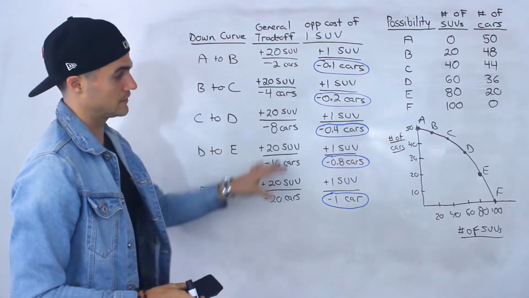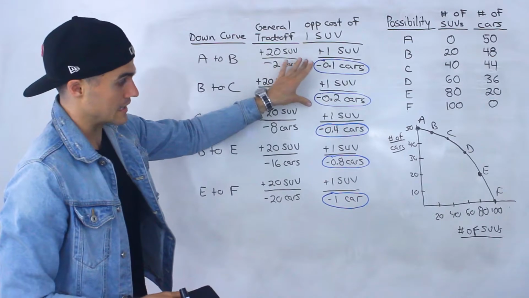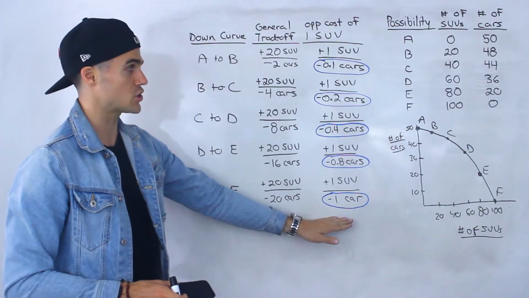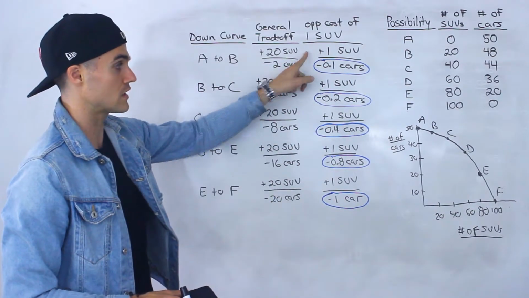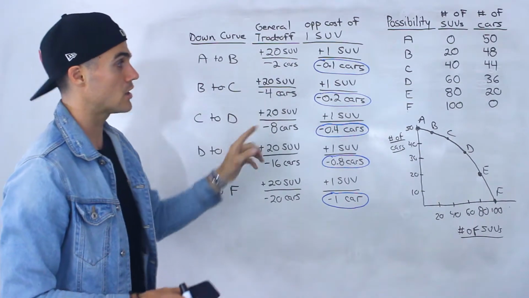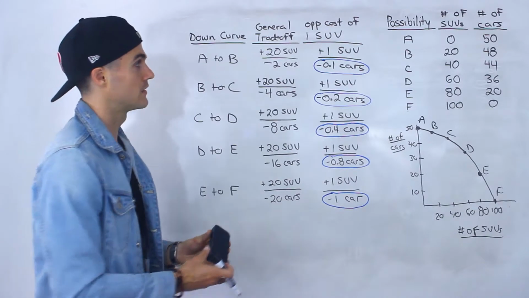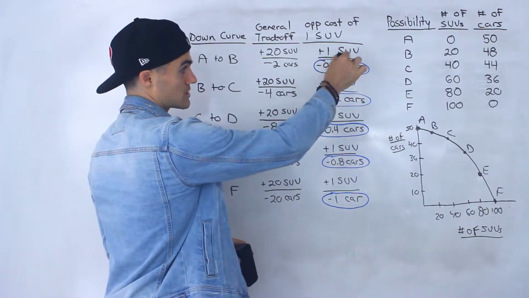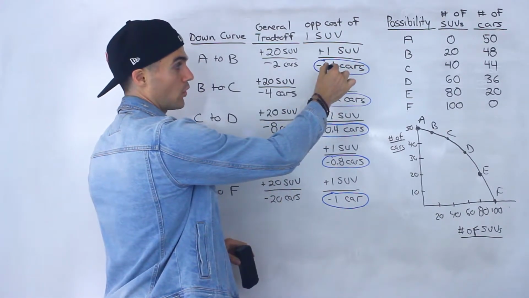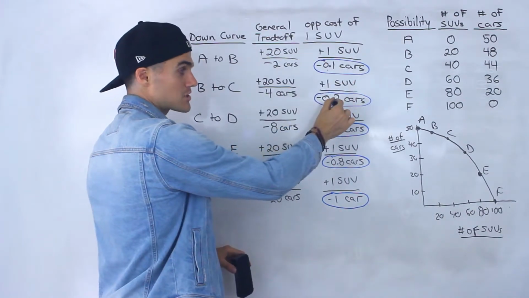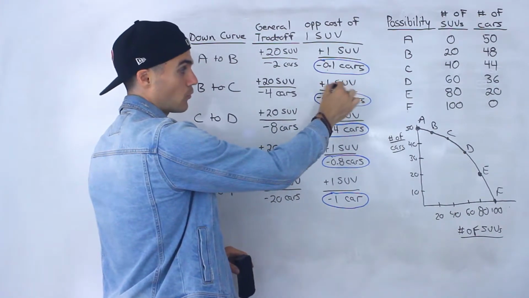And more specifically, what I want you to notice is how the opportunity costs are changing for that one SUV in each point. And not only are they changing, they're not constant. Notice that they're increasing. So over here, the opportunity cost of one SUV is 0.1 cars. But here it's 0.2 cars for that same one SUV.